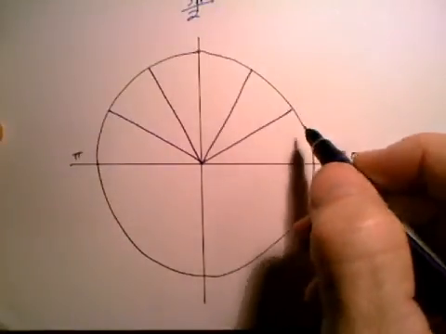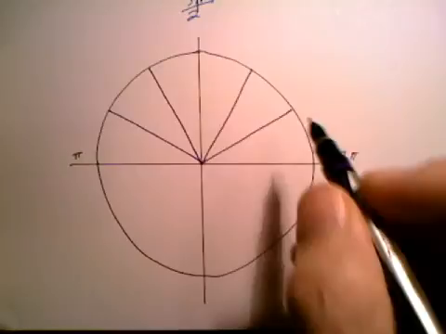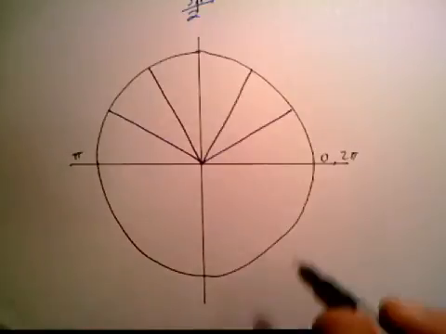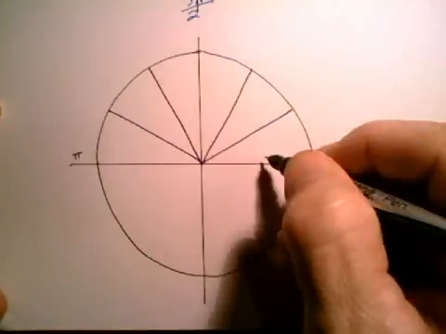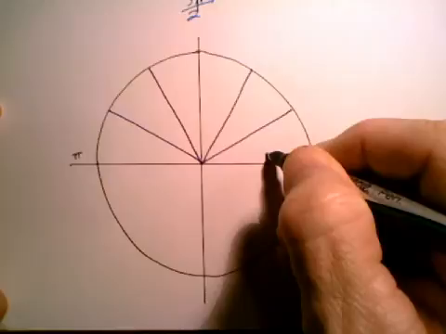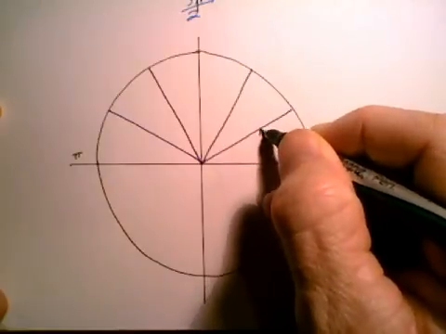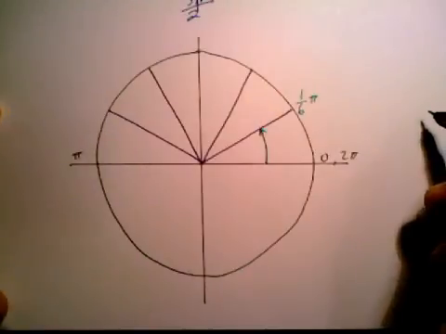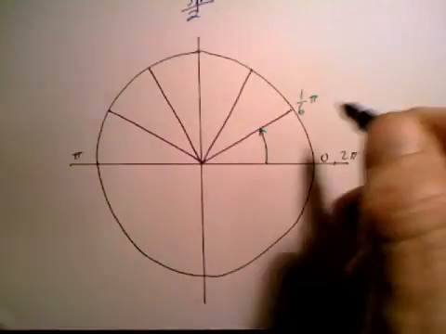Okay, and that means that when we go from, let's use a different color, how about that? When we travel from the initial side, or from the x-axis, however you want to call it, from the beginning of the angle to this part right here, we've gone 1/6 of the way to pi, and that's our angle pi over 6.